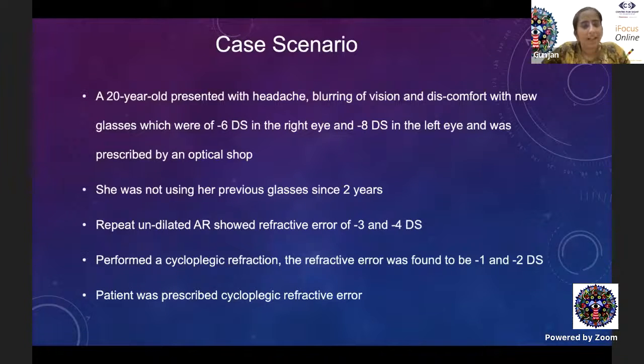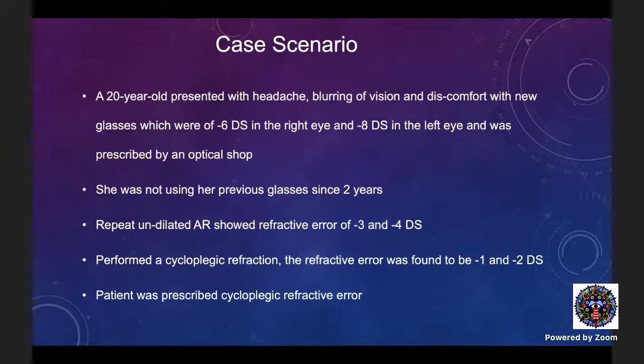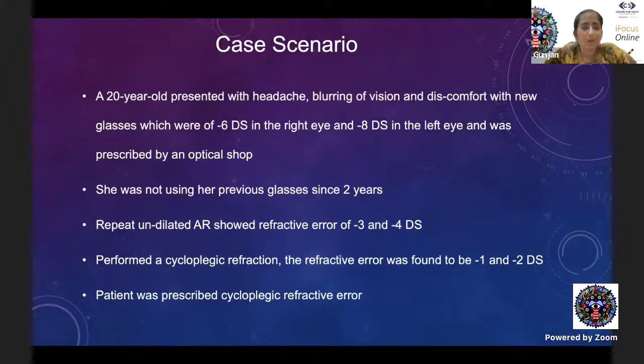So recently I came across this case. A 20-year-old had presented with headache and blurring of vision. She had discomfort with her glasses, and the glasses she was wearing were around -6 in the right eye and -8 in the left eye. The power was prescribed to her by a local optician, and she was not using her glasses for the last 2 years.